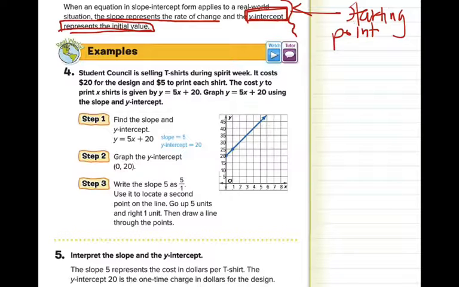Okay, let's stop for a second and see what's happening here. Now, in this example, they give you everything you need. But in the problems, you're going to have to figure this out yourself. So let's break down what's happening here. Just a little reminder, the y-intercept is the starting point.